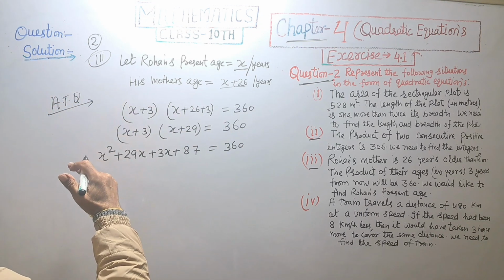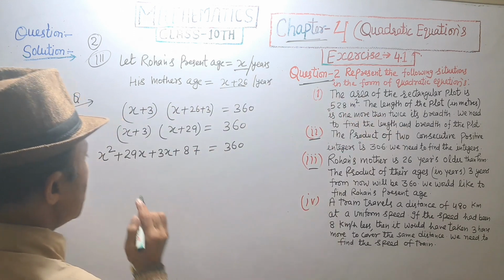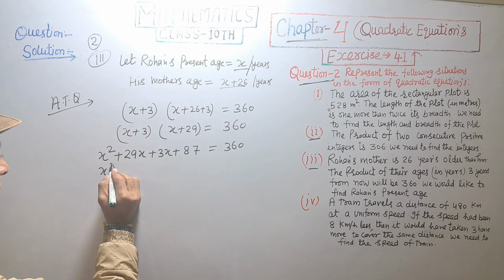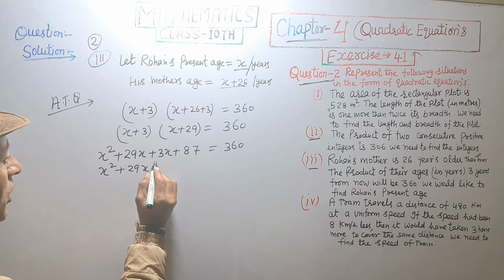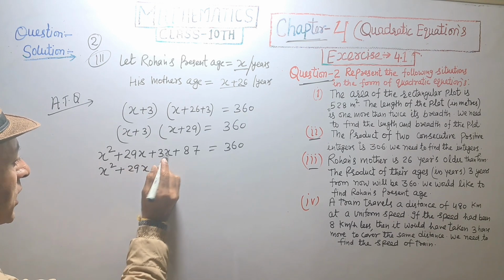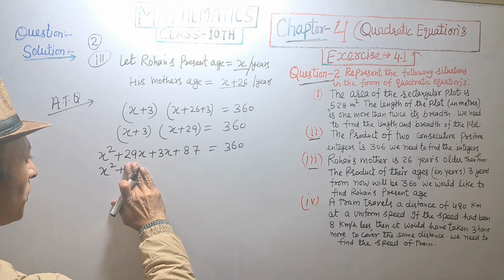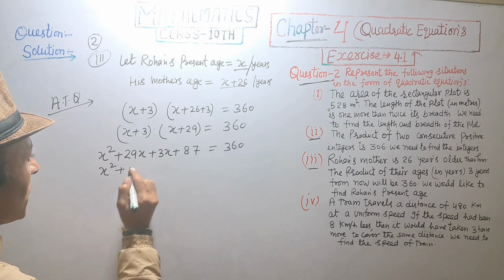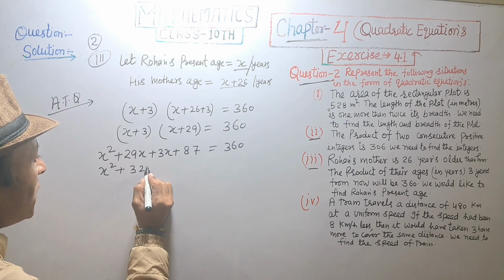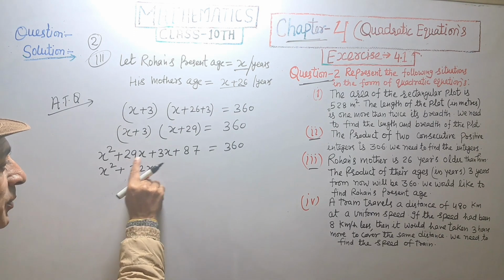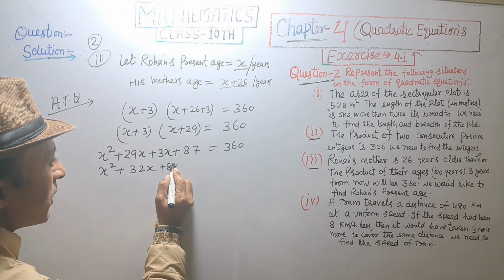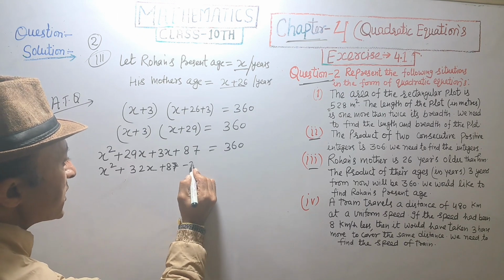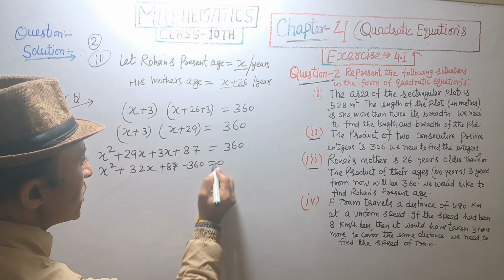Shifting 360 to the left side, equal to 0, we get a quadratic equation. x squared plus 29x plus 3x, that is 32x, plus 87 minus 360 is equal to 0.